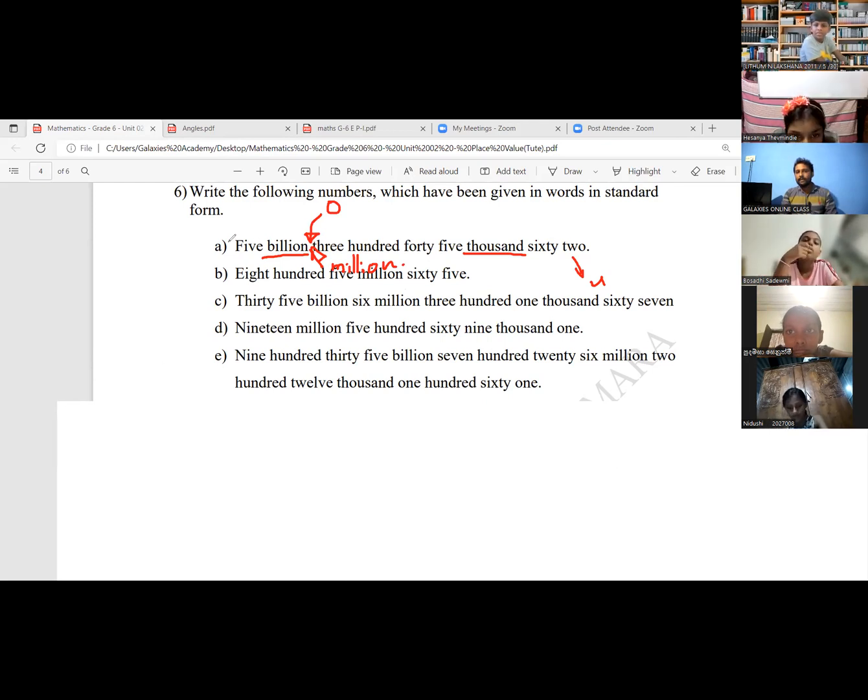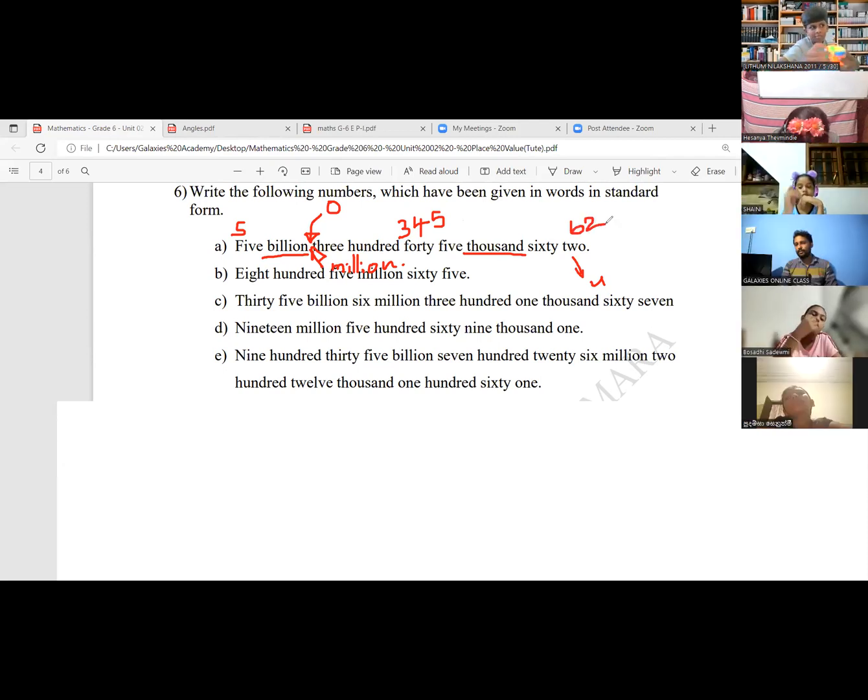Now look: billion period is given as 5, the thousand period 345, using the digits you can write it like that. Unit period, 62.